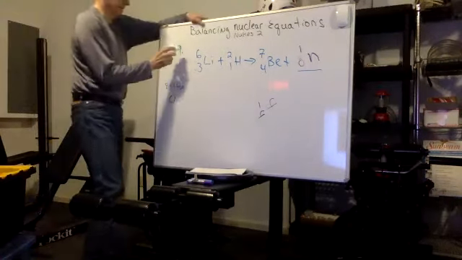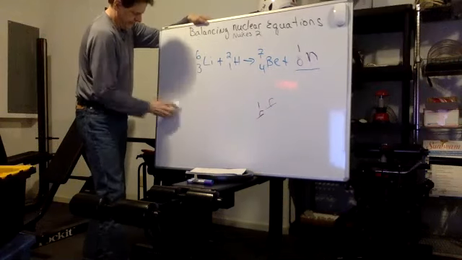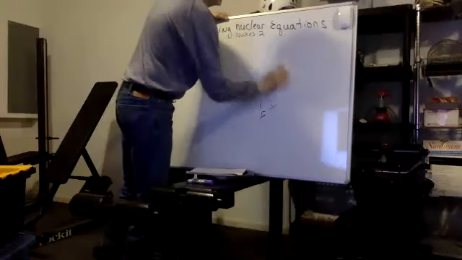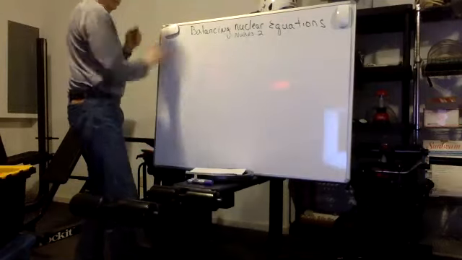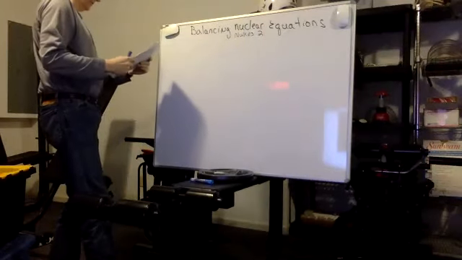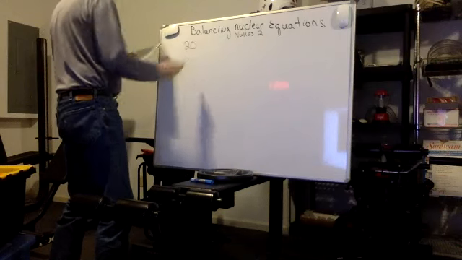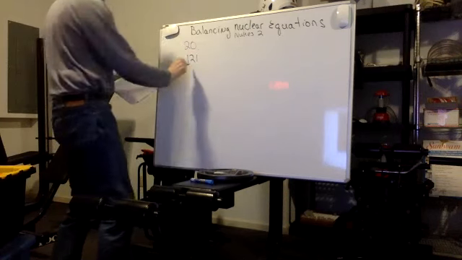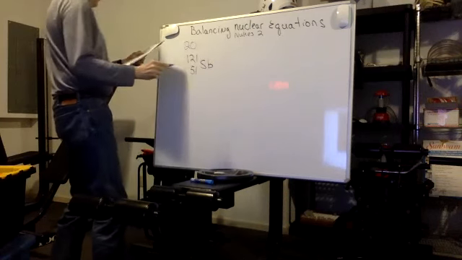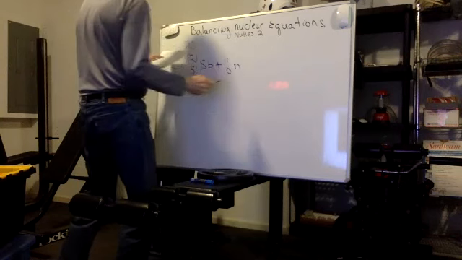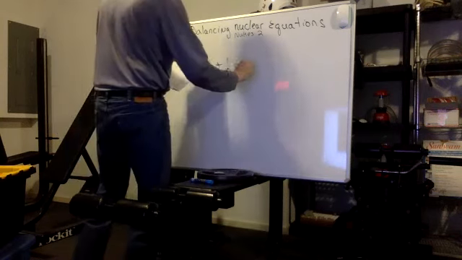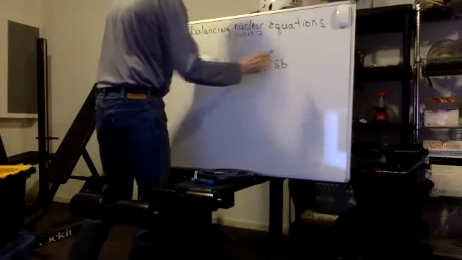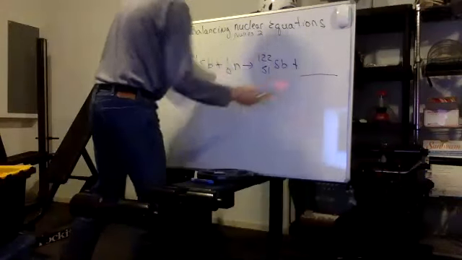That's 19. Okay, number 20. 121 antimony, 51 Sb plus blank.